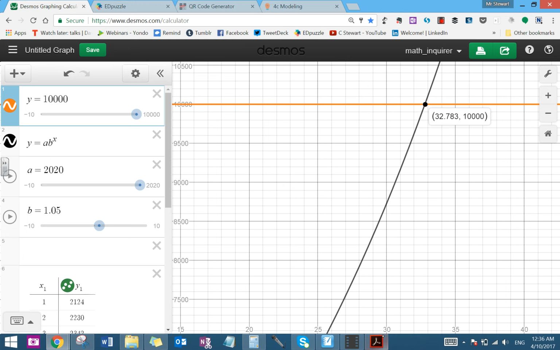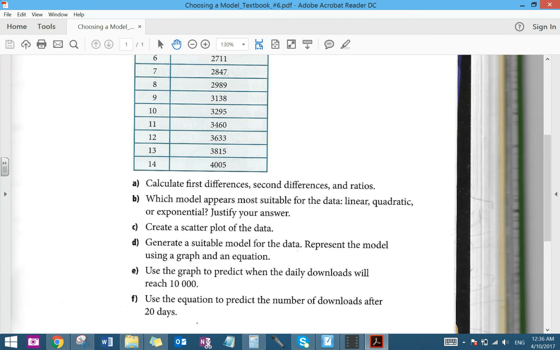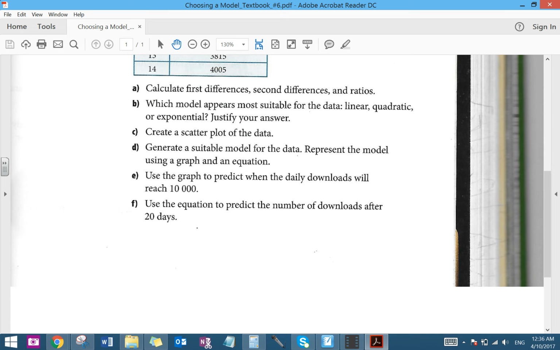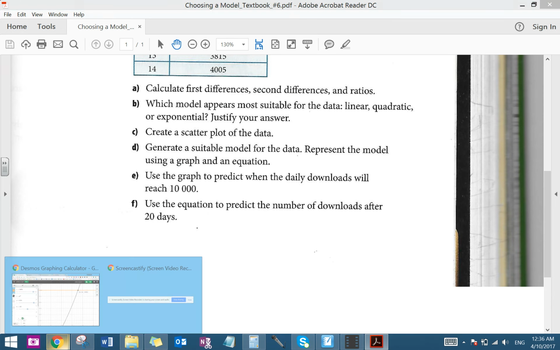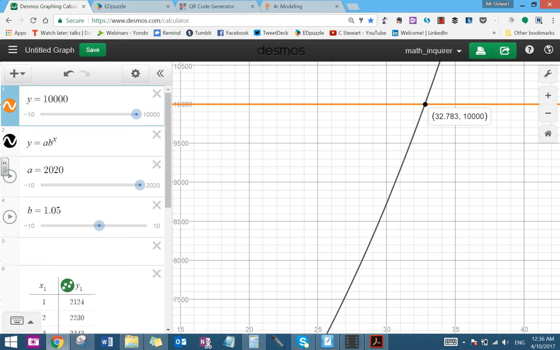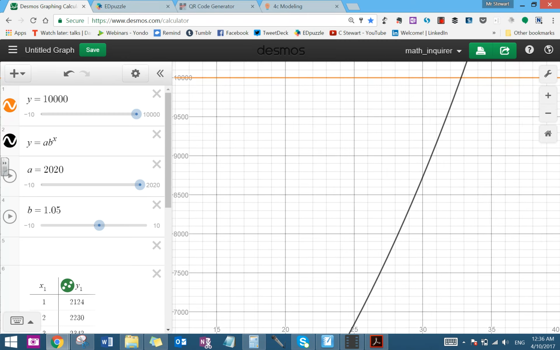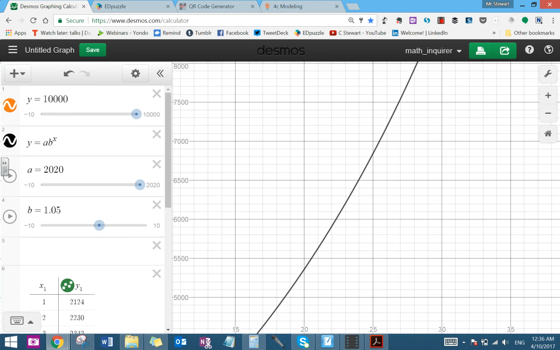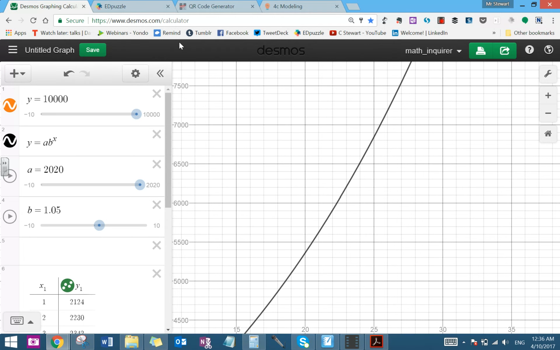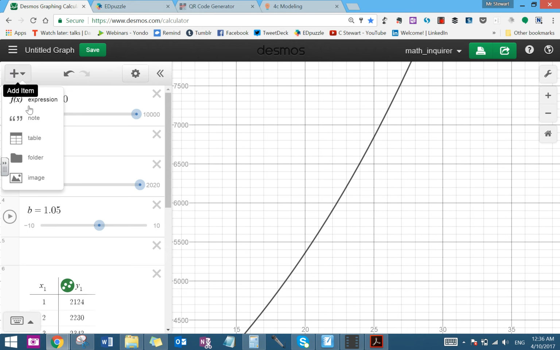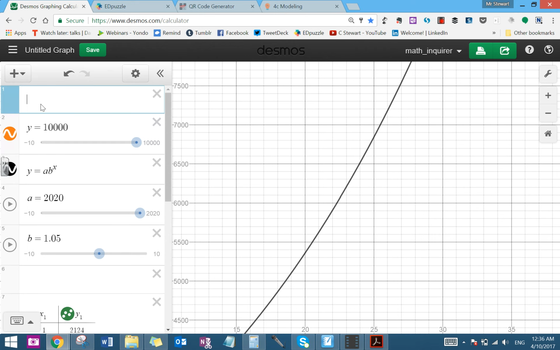Now, on the other hand, there was another part of the question, part F, that asks about predicting downloads after 20 days. And you could use the graph to do that, and that's not a hard thing to do. What we would do is, you can see it here now, there's your 20. So if I were to type in an equation, I'll see if I can put a vertical line in, x equals 20.